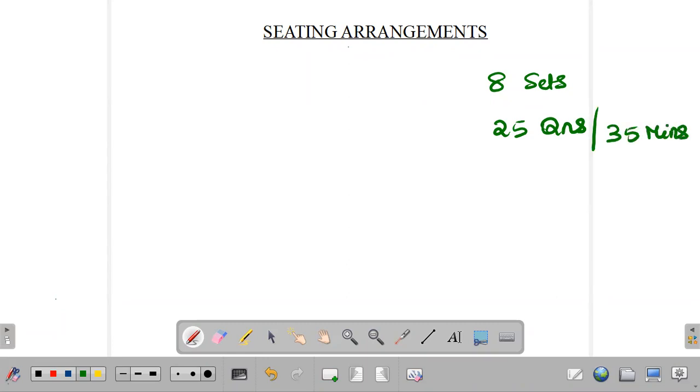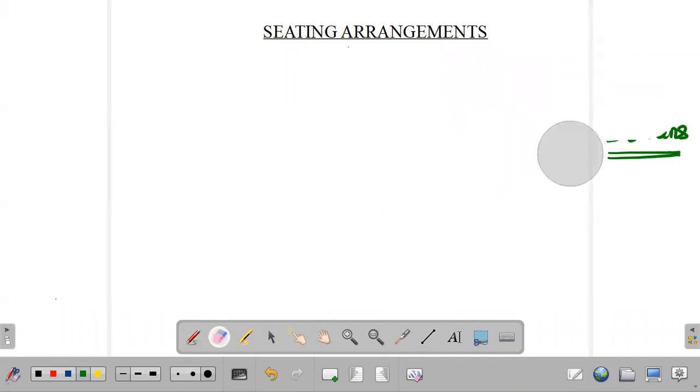For empowering you to attempt all these 8 sets within 35 minutes, the first 15-20 minutes I am devoting to share the conceptual inputs. So listen to these instructions carefully and use them to achieve that 60% target when you are attempting those 25 odd questions.